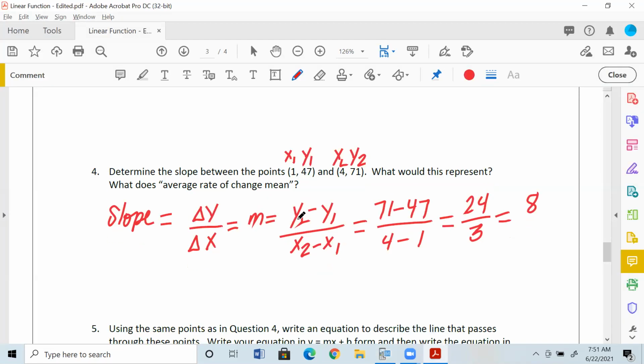So the slope between these 2 points is 8. What would this mean? This means that on average, the temperature would rise by 8 degrees each month between January and April.